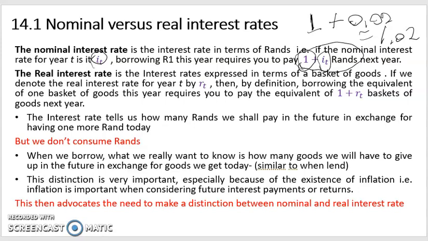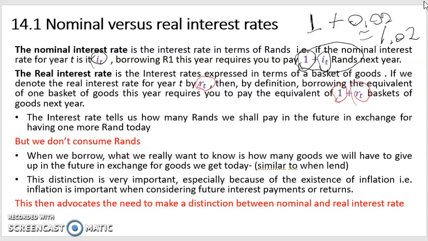The real interest rate, on the other hand, is the interest rate expressed in terms of a basket of goods. If we denote the real interest rate of year t by r_t, then by definition, borrowing the equivalent of one basket of goods this year requires you to pay back that one basket plus the interest in baskets of goods next year.